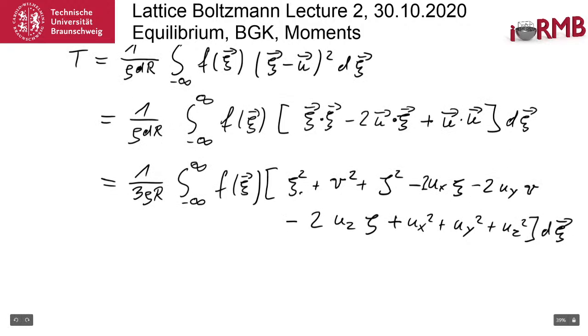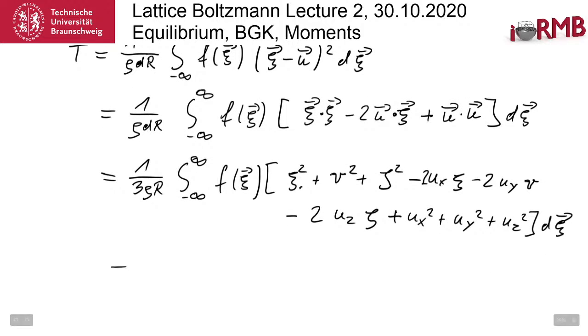And now we can identify the different points that we have to compute. So this gives us second order moments. So this here gives us first order moments. Maybe I put them in a different color.